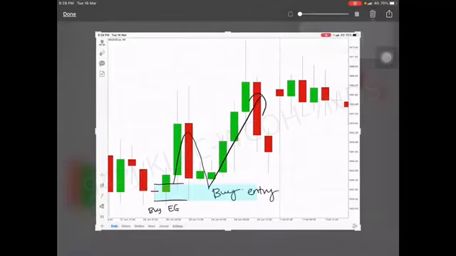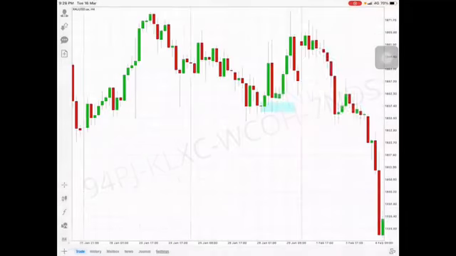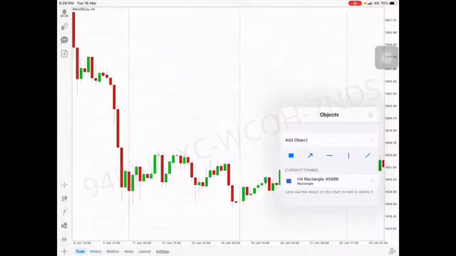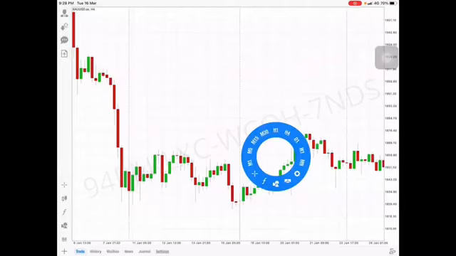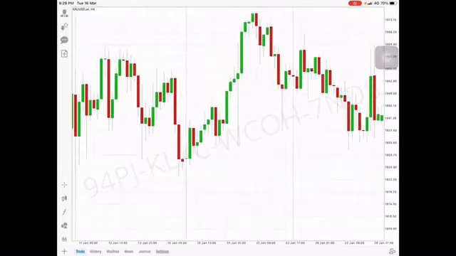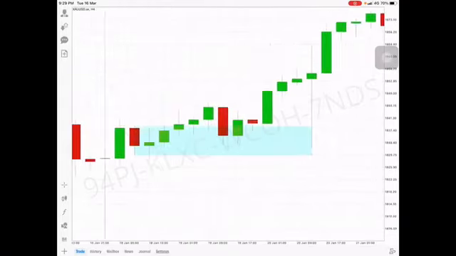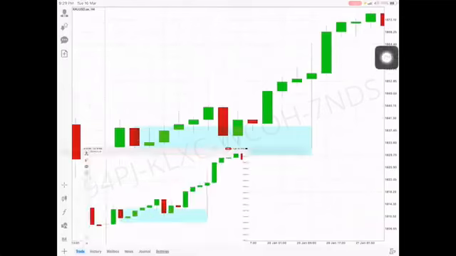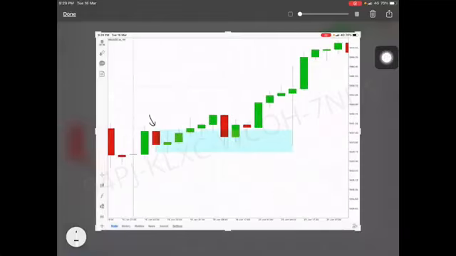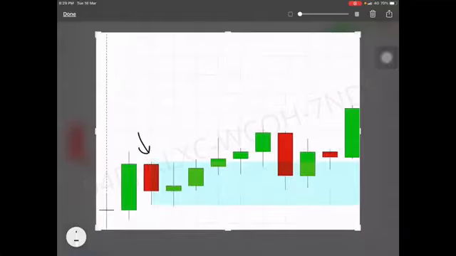Some more. For example, this one as well. Now look at this one. The shadow has been consumed, the body has been consumed, and the upper shadow has been consumed.